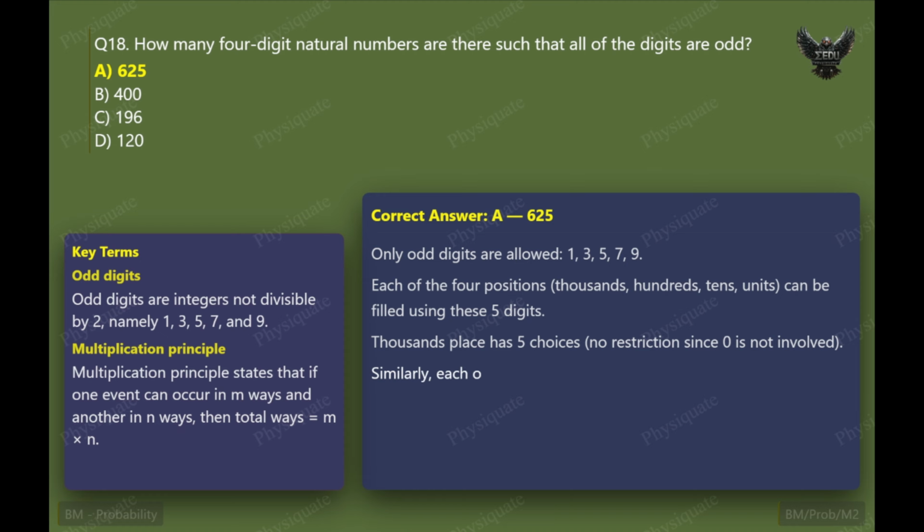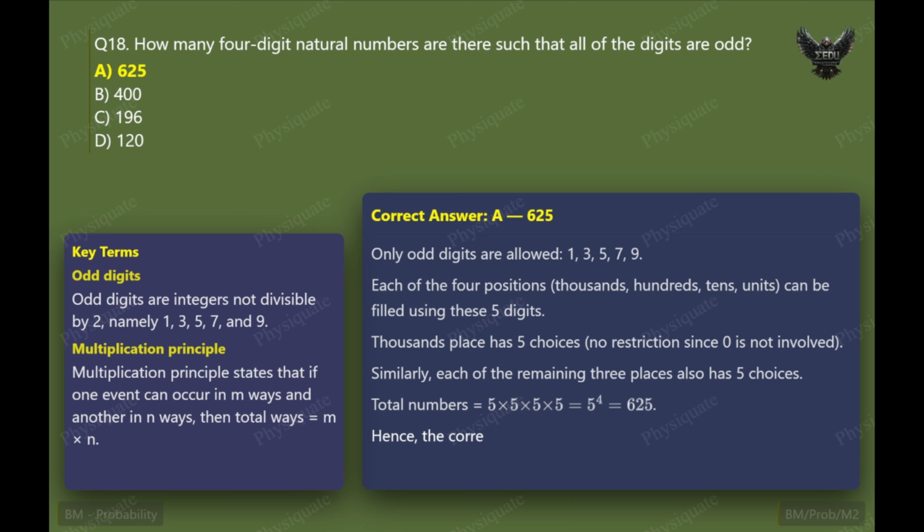Similarly, each of the remaining 3 places also has 5 choices. Total numbers equals 5 times 5 times 5 times 5 equals 5 to the power 4 equals 625. Hence, the correct answer is 625.